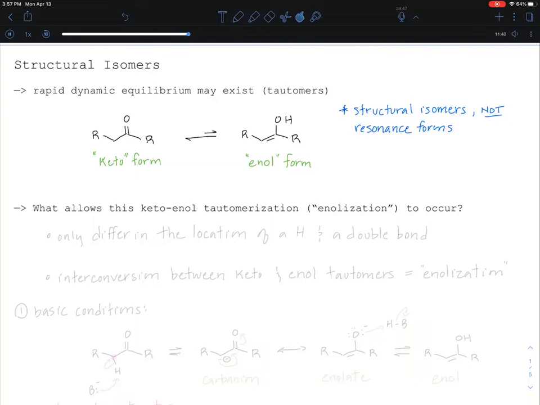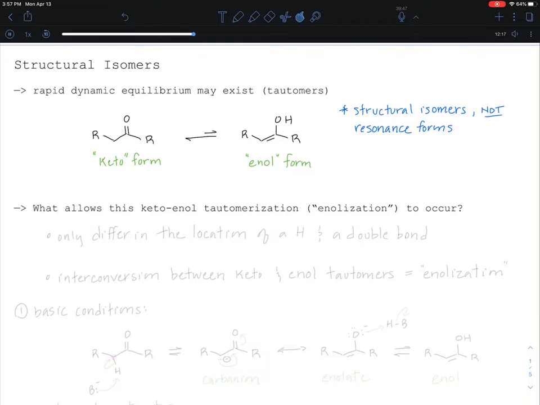The keto form is generally favored, but what allows this keto-enol tautomerization, or in other words, enolization, to occur? We have a bunch of different words for this, right? So enolization, you form the enol. Keto-enol tautomerization. Tautomers are each of these forms. So they are structural isomers, not resonance forms.